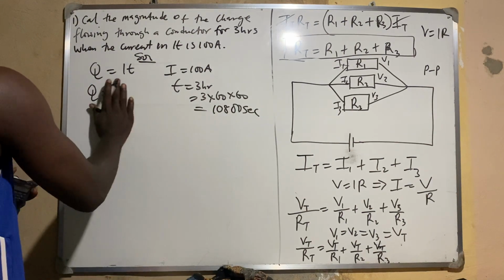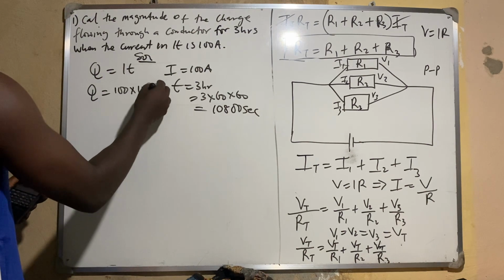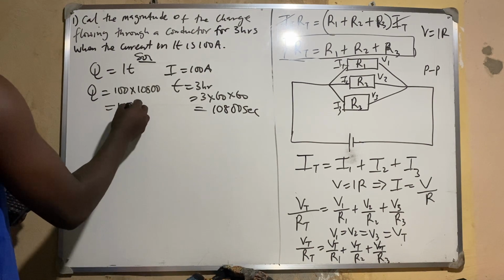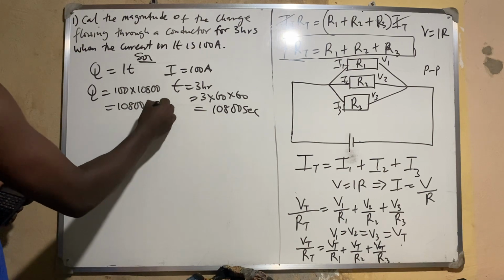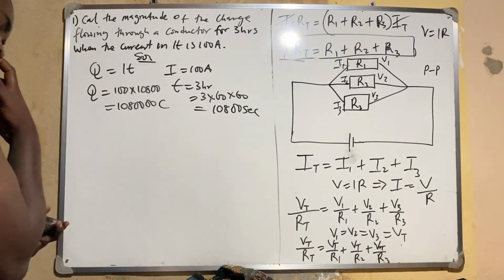My Q is 100 times 10,800, so I have 1,080,000 coulomb. Okay, so that is that.